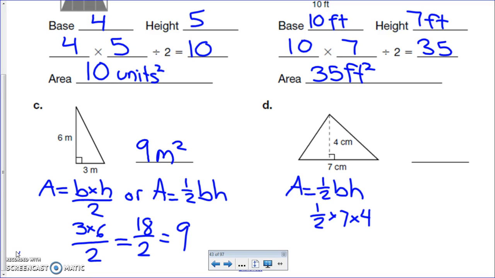So we're going to multiply the 7 times 4 first. So then we're going to get 1/2 times 28. And 1/2 times 28 equals 14. So we're going to get 14 centimeters squared for our area.